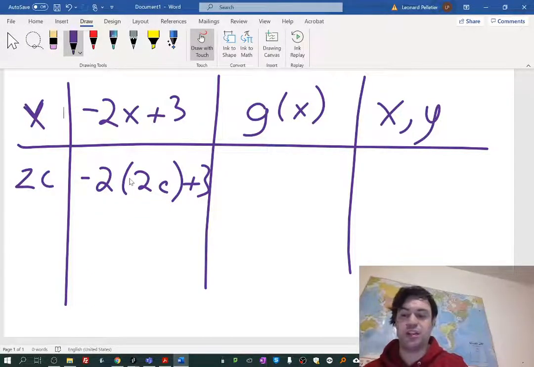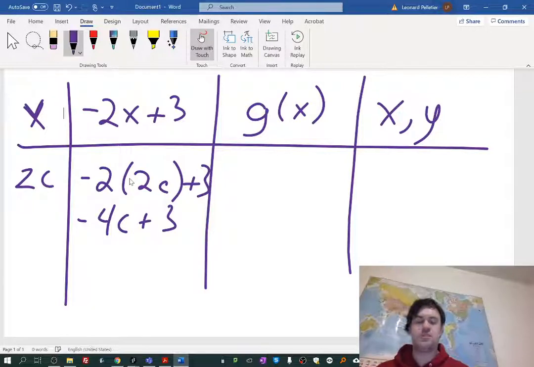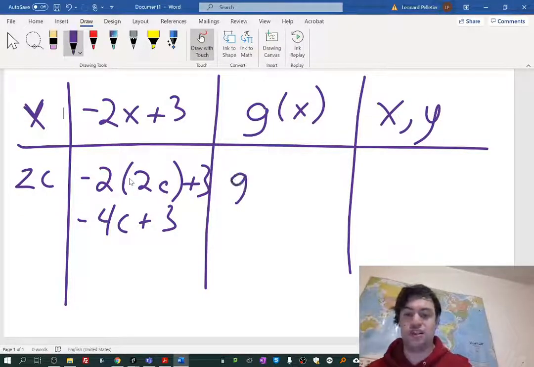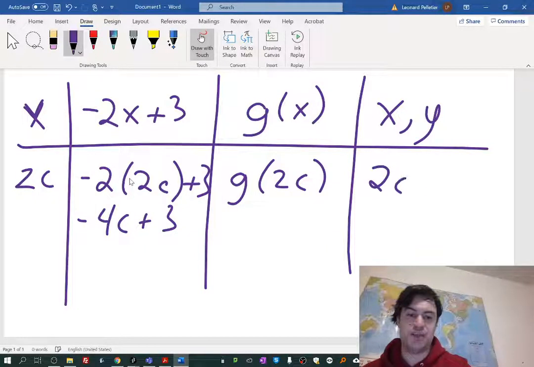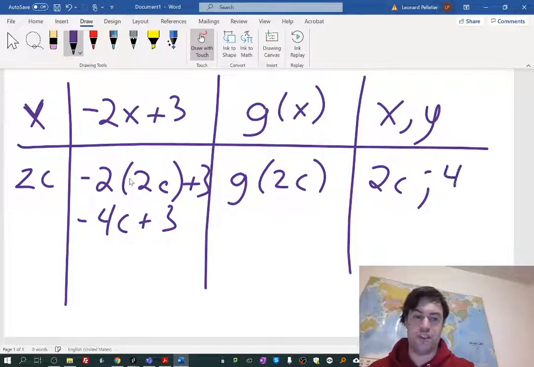So do any multiplication. I can get minus 4c plus 3, for example. How would you write g of x? If x is 2c, it would be g of 2c. And our coordinate would be x is 2c, and y is negative 4c plus 3.